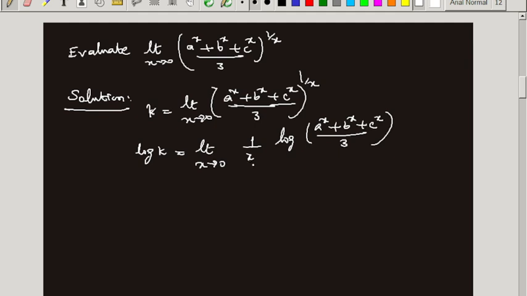Denominator we have the x. So here if we apply 0, we get log of 3 dividing by 3, dividing by 0, 0 by 0 format. So here apply L'Hospital rule.